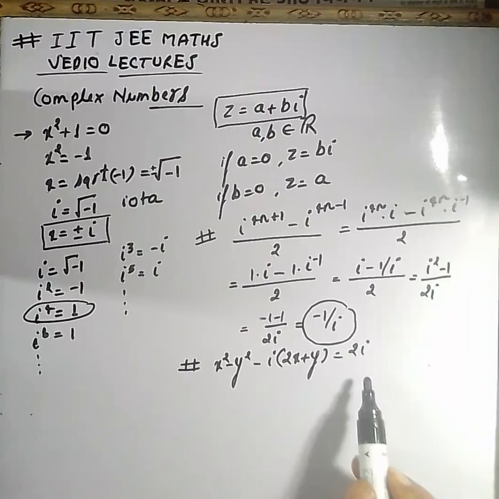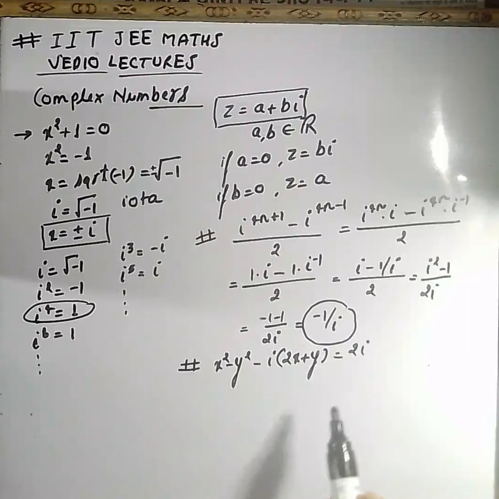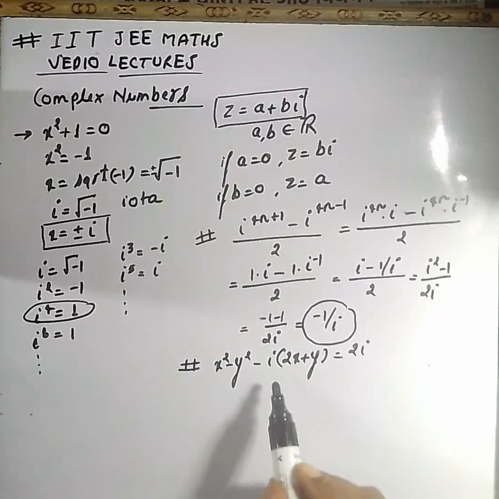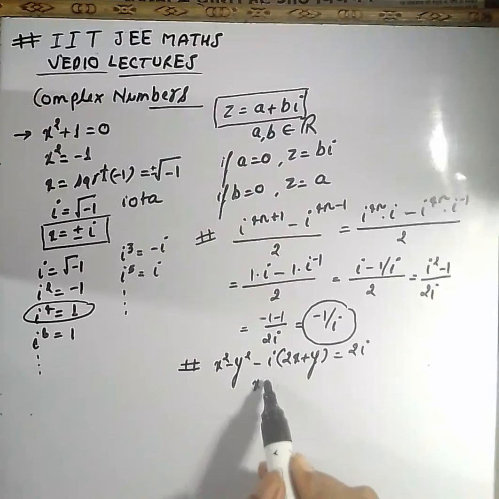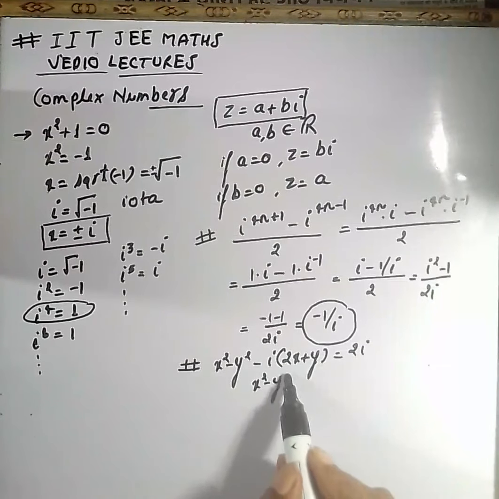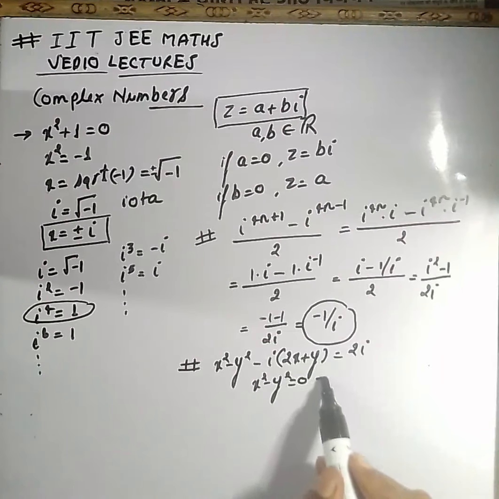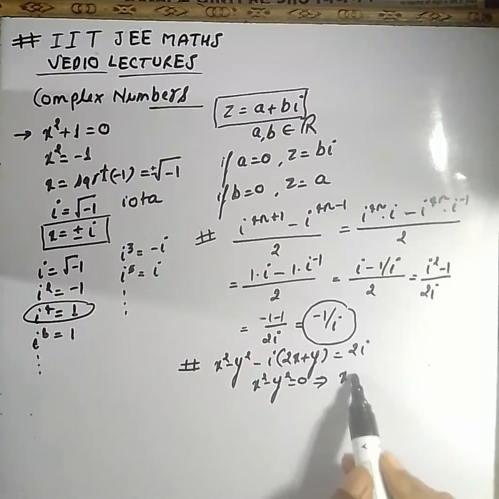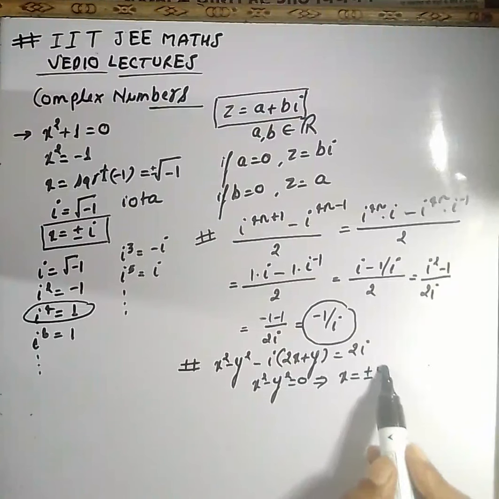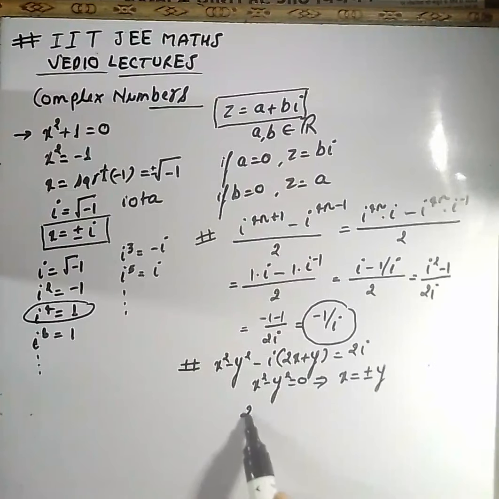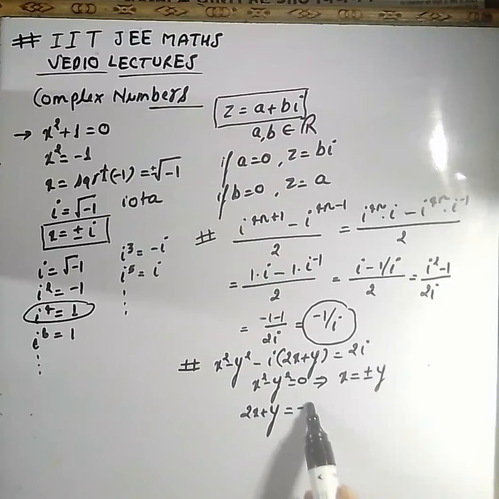Now what we will do, we will equate the real part first, and after that we will equate the imaginary part. On equating the real part, x square minus y square equals to 0. So we have x equals to plus minus y. And on equating the imaginary part, we have 2x plus y equals to minus 2.